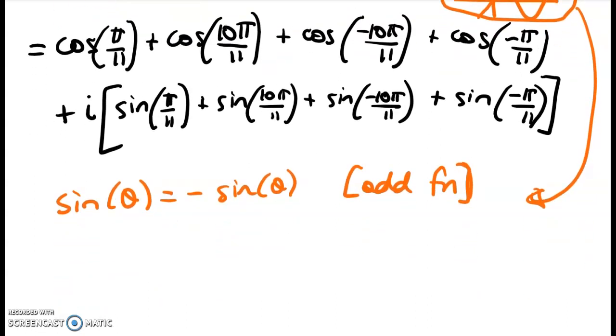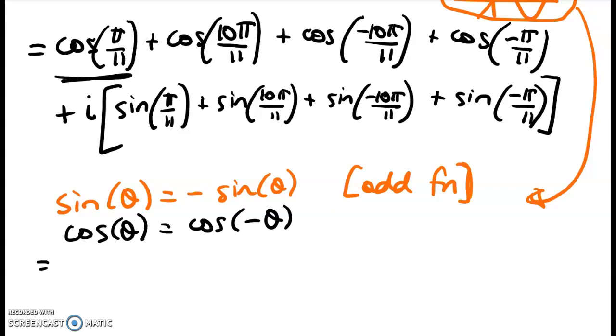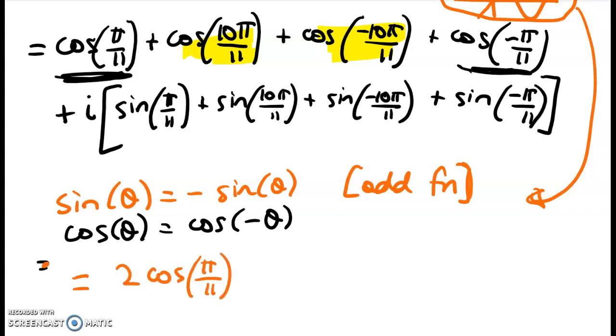That means I can simplify this down; I'll do two steps at once actually. Cos of theta is equal to cos of negative theta. Now that means that this and this are the same, and this and this are the same.